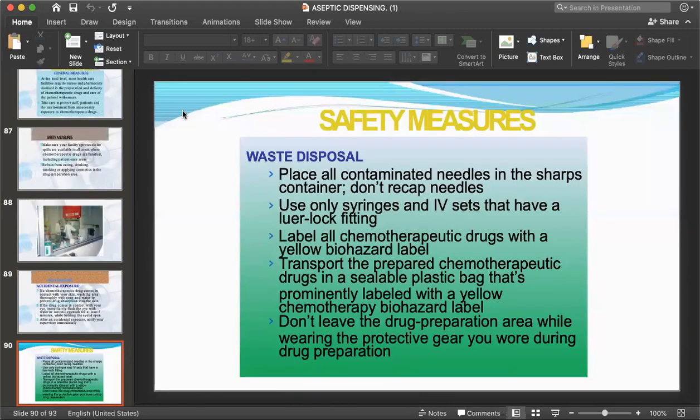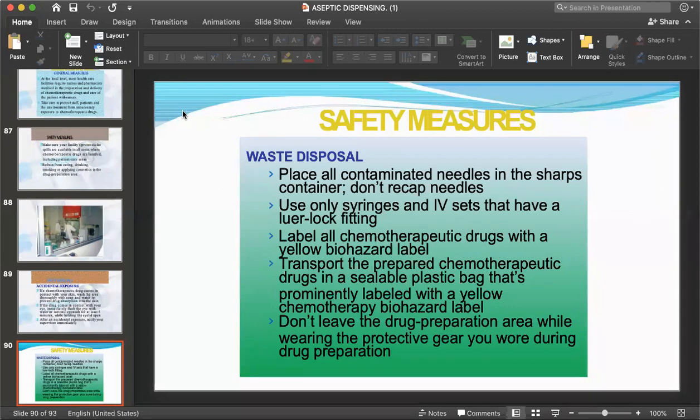Next, safety measures for how the waste is disposed of, because it is a special type of waste. Place all contaminated needles in the sharps containers. Don't recap needles. Use only syringes and IV sets that have a luer lock fitting. Label all chemotherapy drugs with the yellow biohazard label.